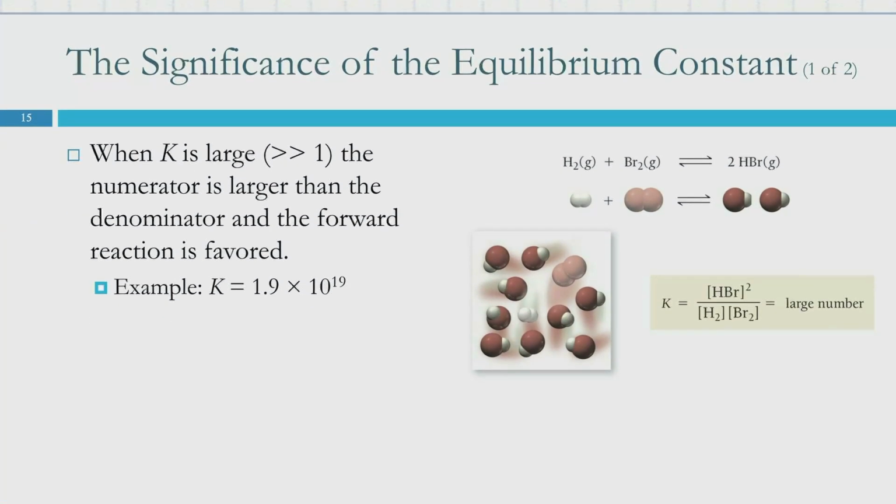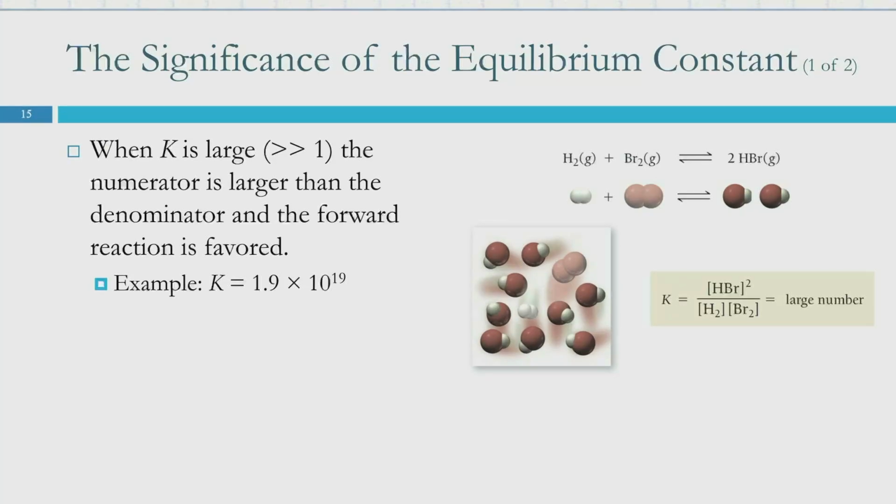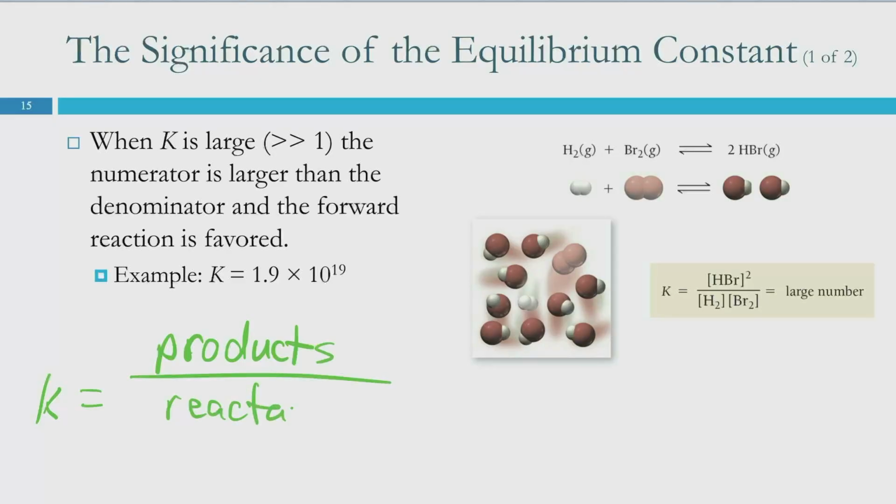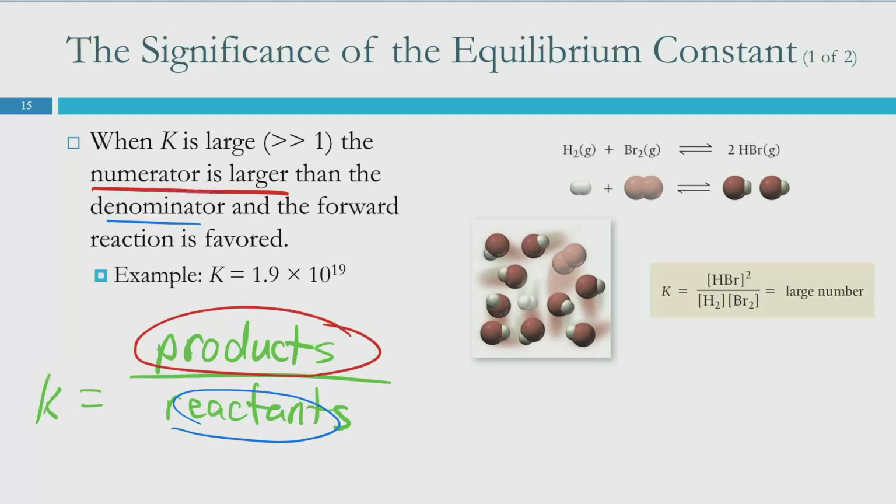The equilibrium constant, as mentioned earlier, when K is large, much, much larger than 1, that means that our numerator is larger. And we know that K is products over reactants. So when our numerator is larger, that's the products. Our denominator is the reactants. And so the forward reaction, the reaction that produces products, is going to be favored.